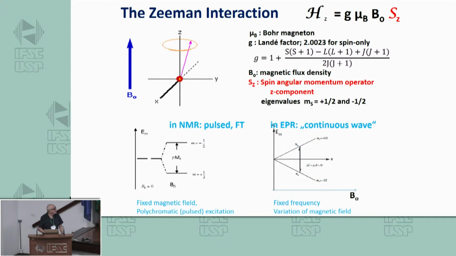So in NMR, up to now, the whole presentation of EPR and NMR is exactly the same, the only difference being that for NMR spectroscopy the size of the magnetic moment, that is the g factor, is a lot smaller. So magnetic moments are smaller, and you frequently also have other spin quantum numbers.